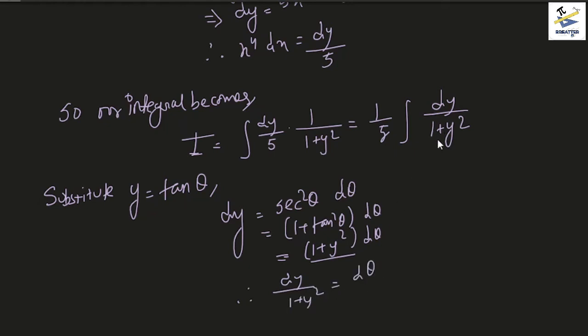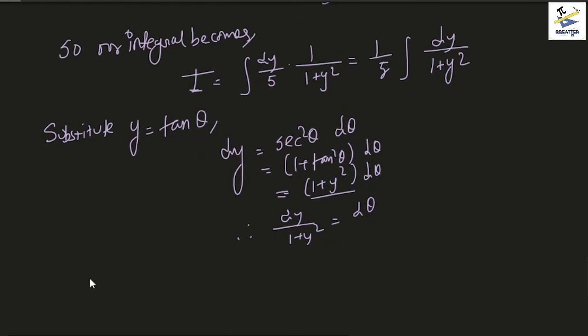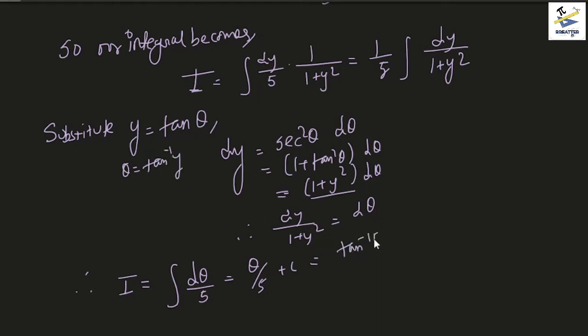So this whole thing becomes d theta, right? So therefore I equals the integral of d theta by 5, and that is just theta by 5 plus c. But theta, as you know, if y is tan theta, then theta would be tan inverse y. Then the answer would be tan inverse y by 5 plus c.